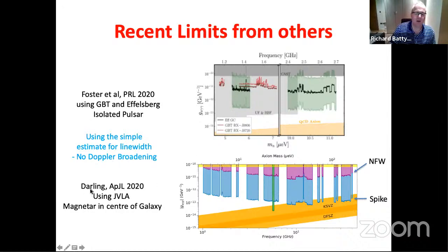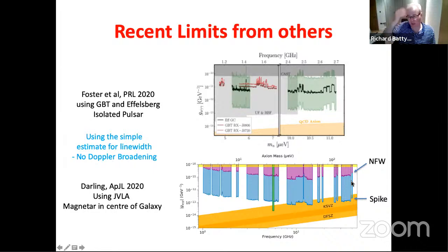This is another observation by Darling et al., published in APJ Letters very recently, using the JVLA. This is over a very wide range of frequencies: 1.2 to 1.6 gigahertz, 2.4 to 2.7 gigahertz, and a very small range of masses. But this one goes all the way from right down here, which is about 5 gigahertz, all the way up to 30 gigahertz in all the atmospheric bands.